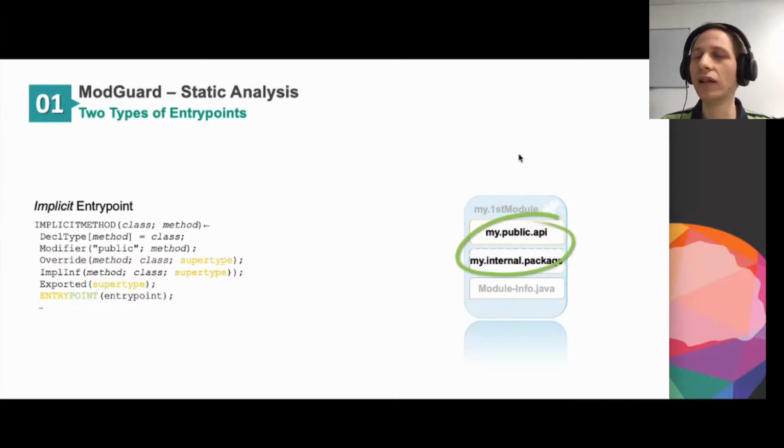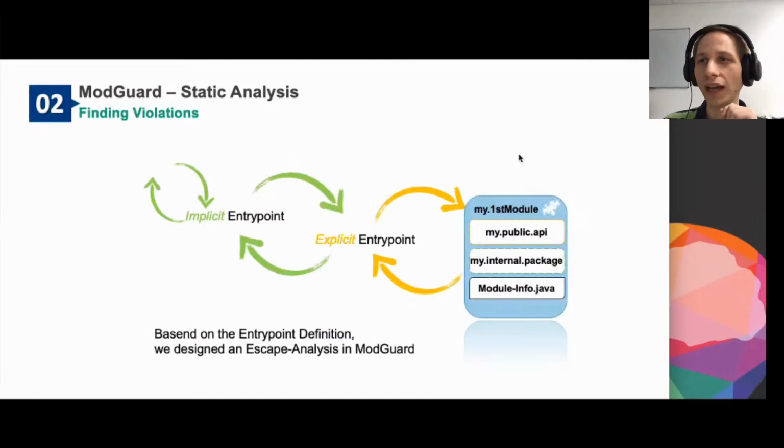These are methods of internal classes that become reachable as a result of the invocation of another entry point. So when an exported method hands out an instance of an internal class to the outside, or that exports, overrides, or implements an exported interface. And given this module definition, we defined an escape analysis specifically for modules to discover integrity and confidentiality violations.